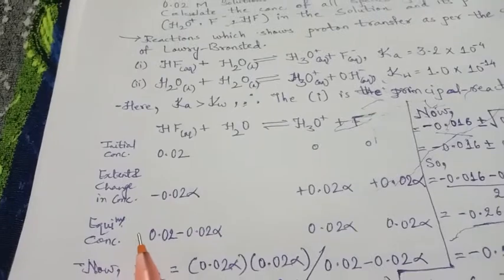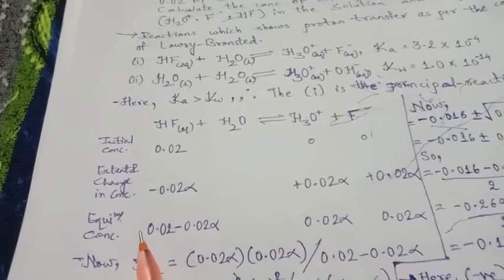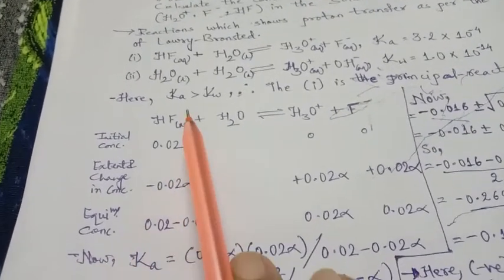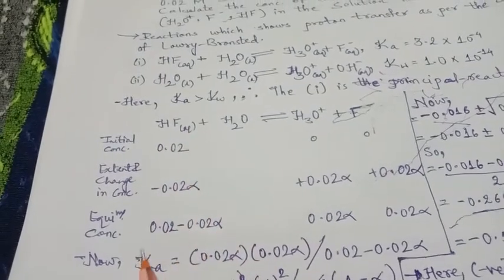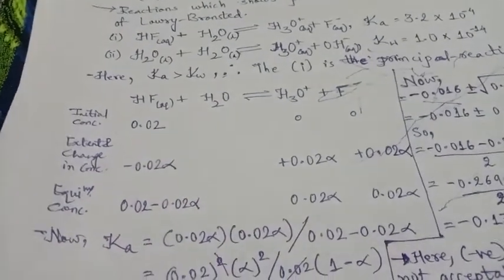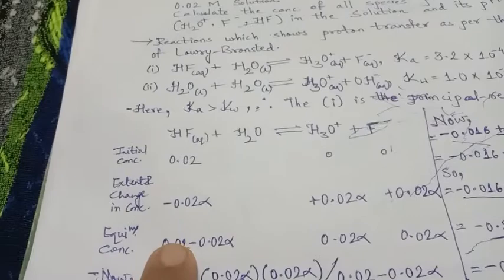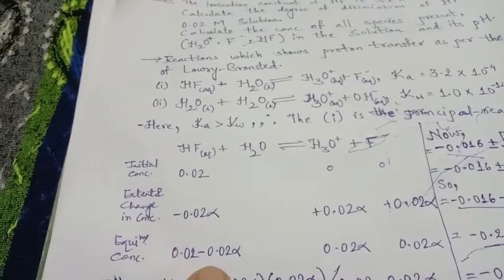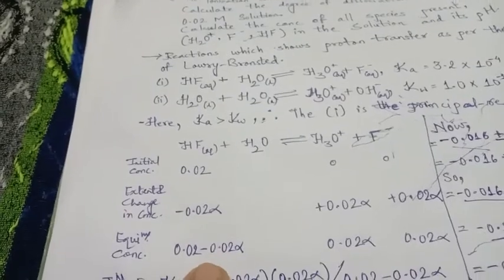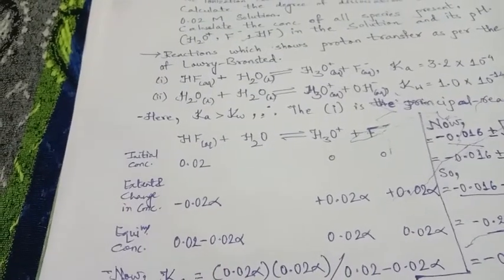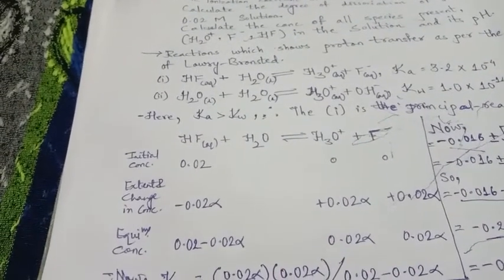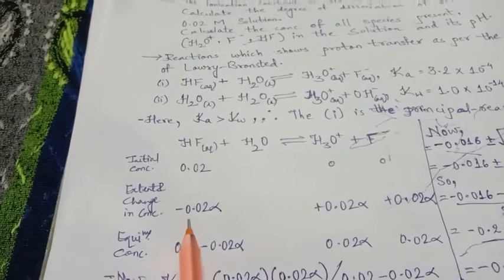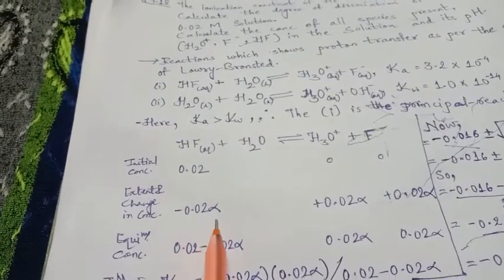Now the reaction has attained equilibrium. Then the concentration of reactant will be the initial concentration minus the used up concentration. So we will get at the end what concentration is left out. So initial is 0.02 and used up is 0.02 alpha.